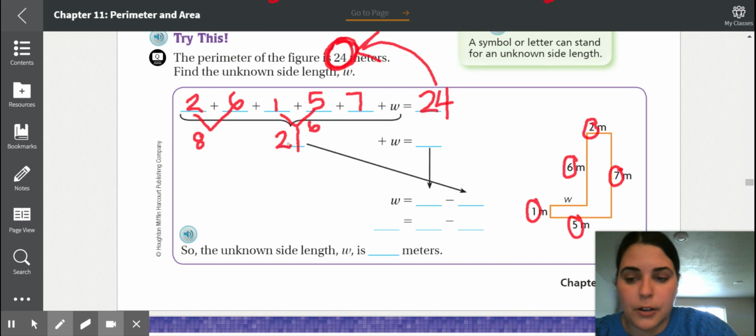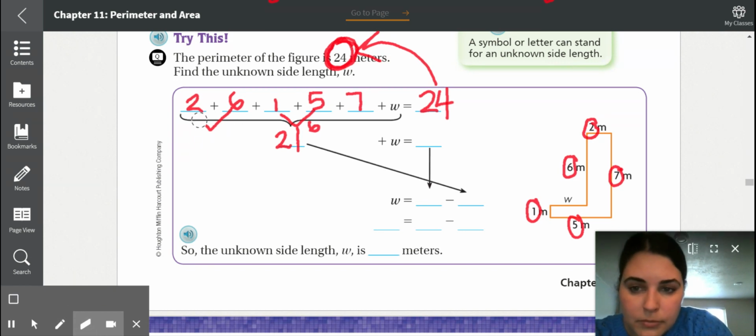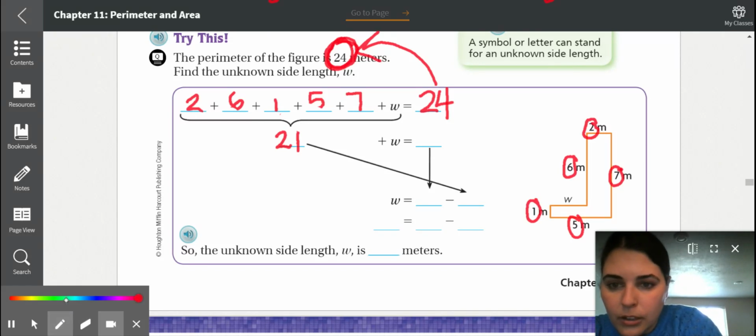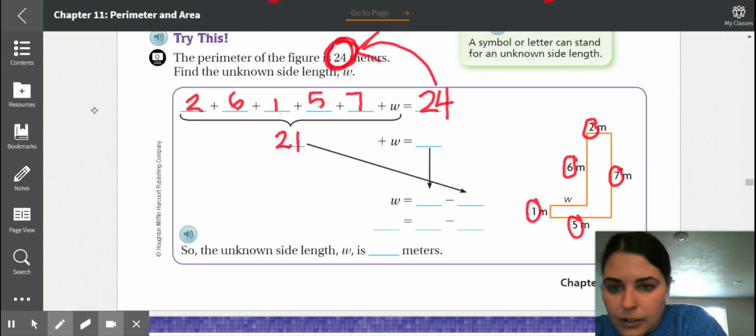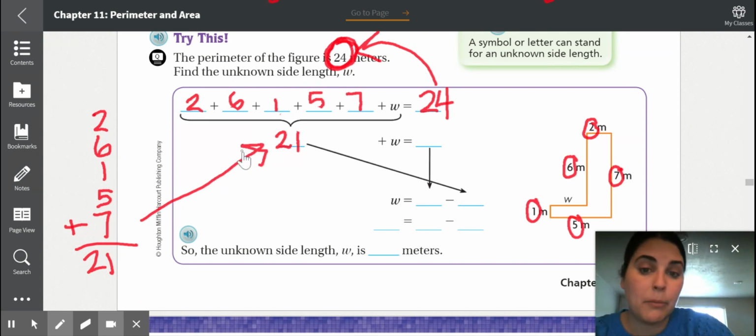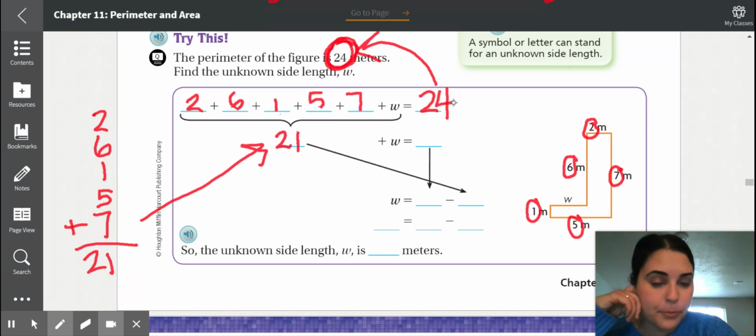And then we need to know, so maybe I'll just put that over here. We did 2 and 6 and 1 and 5 and 7. When we add those together, we got 21. So that's where that answer is coming from. Plus W, our mystery number, will equal 24.